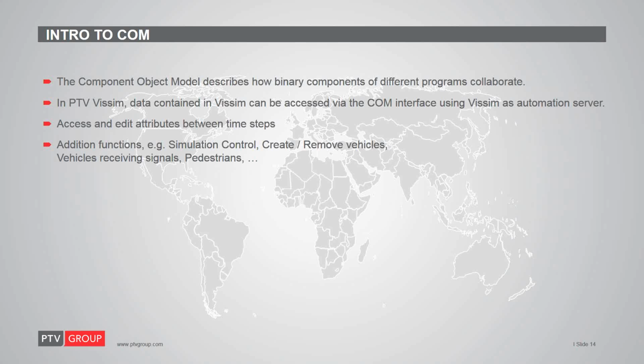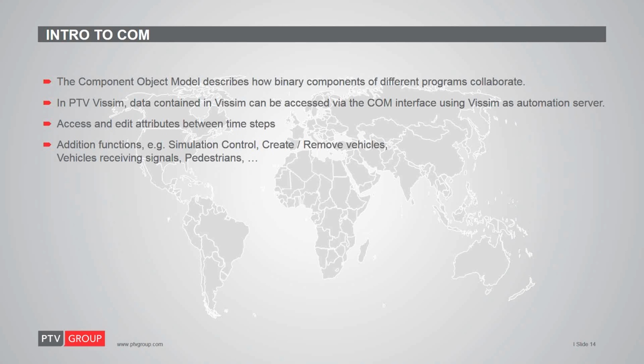From a script, you can make use of Vissim as an automation server. And within the COM, you have access to all available attributes in the simulation. This could be every single vehicle, and for every single vehicle, the position, the current speed, acceleration, orientation on the lane, all these attributes can be read. Also a lot of these attributes can be edited in the simulation. And additional functions are available.